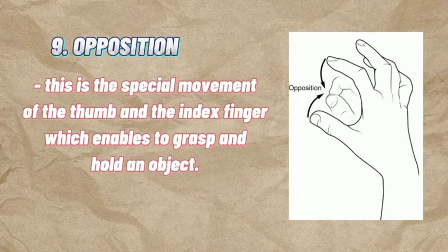The ninth movement is opposition. This is the special movement of the thumb and the index finger which enables us to grasp and hold an object. Take note, opposition has an antagonistic movement called reposition.